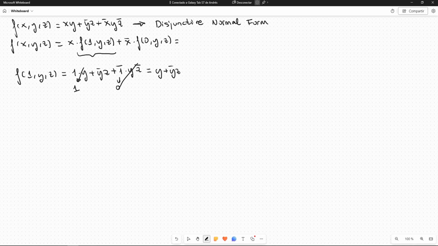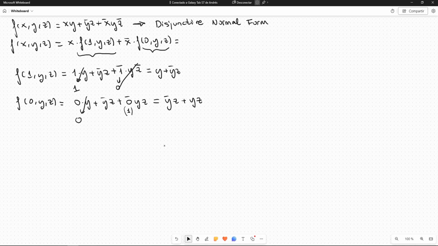And now we are going to obtain this. So this is a 0, this is 1 because it's negated, and something multiplied by 1 is the same thing. So we have this. I think that everybody can see this.